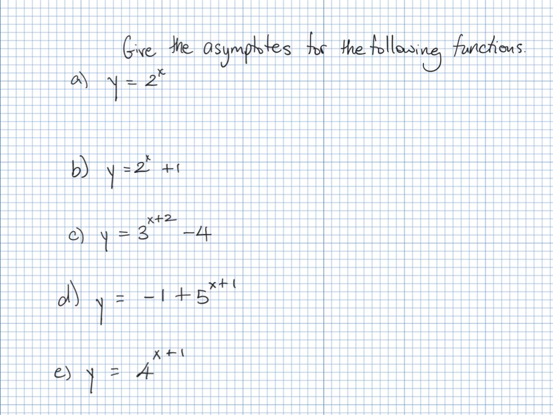So in this one here, nothing is added to our expression with the variable as its exponent, which tells us that since nothing is added, literally nothing is added, the asymptote is y equals 0. However, in this one here, our expression with the variable is over here, and we have +1.